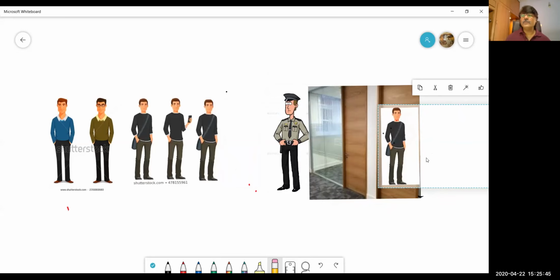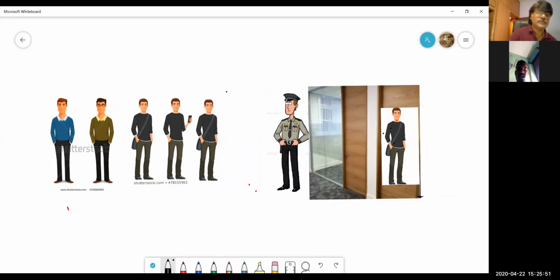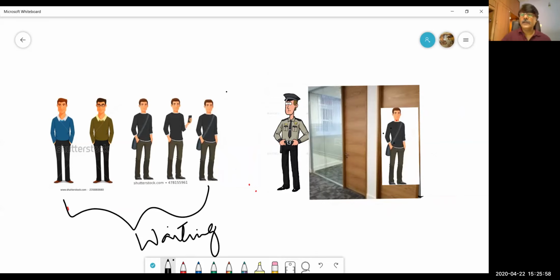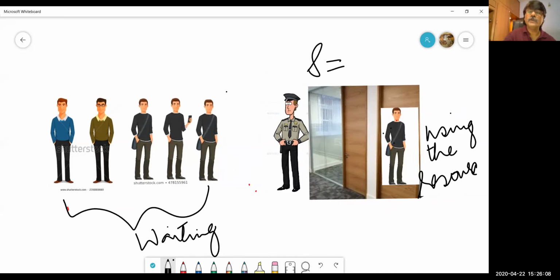When this person is using the office, the other persons are in the waiting state. So when this person is using the resource, the semaphore variable will be equal to 0.